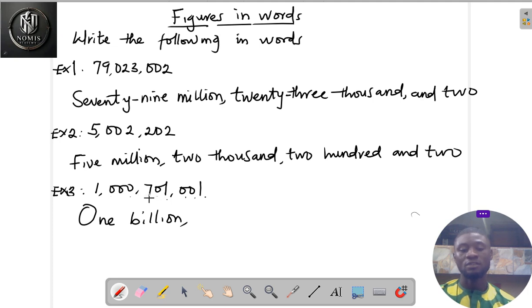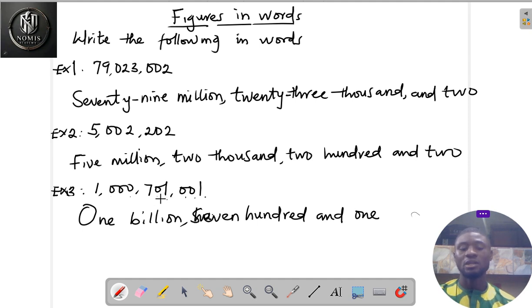So now I have 7. What's the place value of the 7? The place value of the 7 is 100 thousands, right? So that will be 700. Remember that the place value of 7 is 100,000.